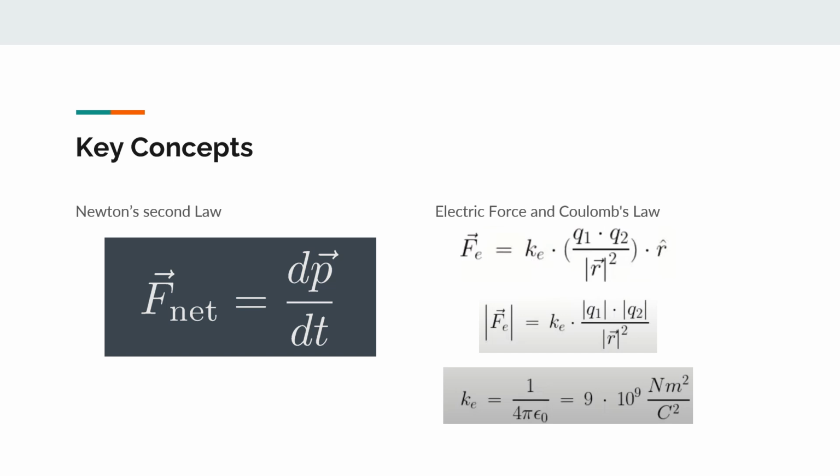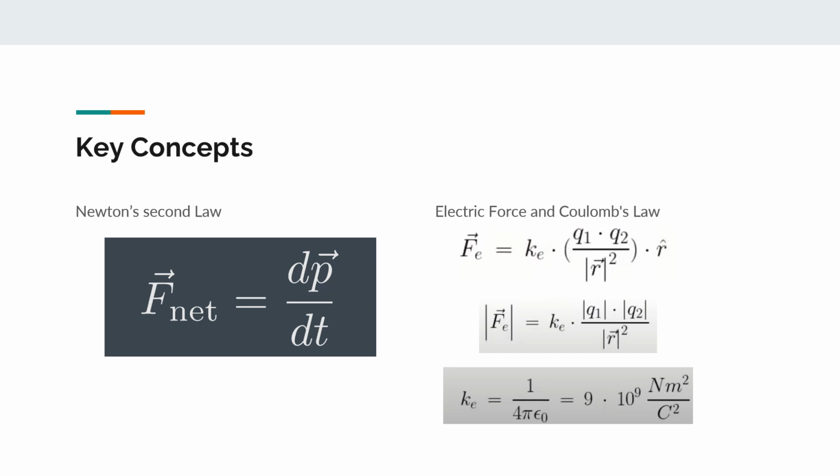Another very important concept would be electric force and Coulomb's law. The electric force equation allows us to calculate the amount of force exerted by two particles. As you can see, it is the Coulomb constant multiplied by the quotient of the two charges over the distance between the two charges squared, all in the direction of the directional vector.